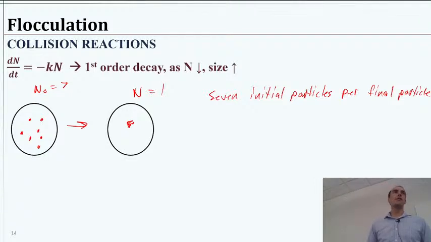So that's going to be quite convenient, and we'll see as an example today, we'll use the volume to get at the diameter because our velocity equation has to do with diameter. So we'll have to do a little bit of a geometry conversion there, but it'll work fine. It's really convenient if we just assume the particles aren't really changing size, they're just sticking together. We can still assume they're spherical. It's close enough. So if we create these larger particles, we're not losing volume, we're just gaining size, right?